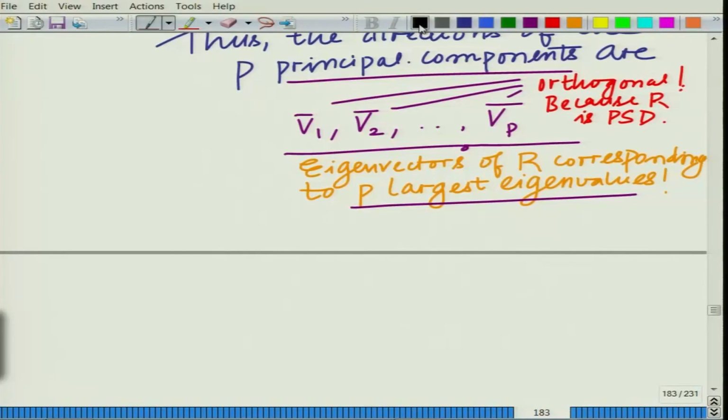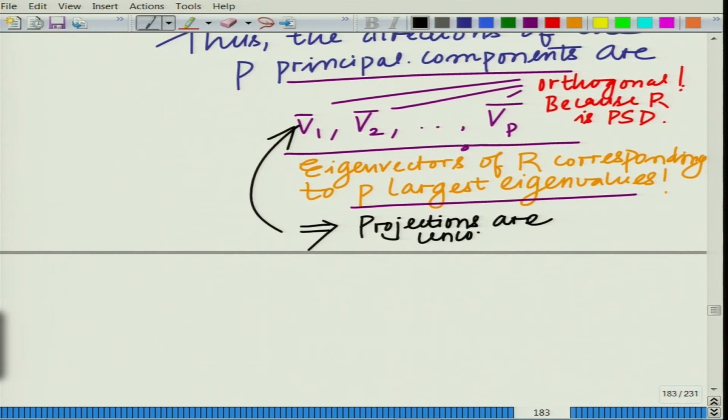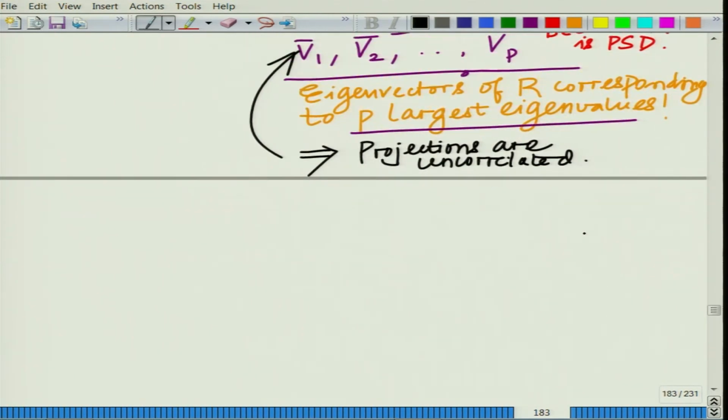When you take the projections along these orthogonal directions, the projections are going to be uncorrelated. And now the principal components of the vector xi bar can be found as follows.